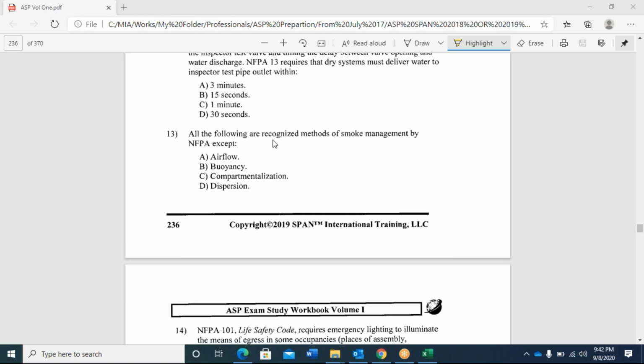13 is: all of the following are recognized methods of smoke management by NFPA, except. So this question was not discussed. Dispersion, airflow, buoyancy. Can you go to the answers? We need to read and clear our concept, then we can discuss.